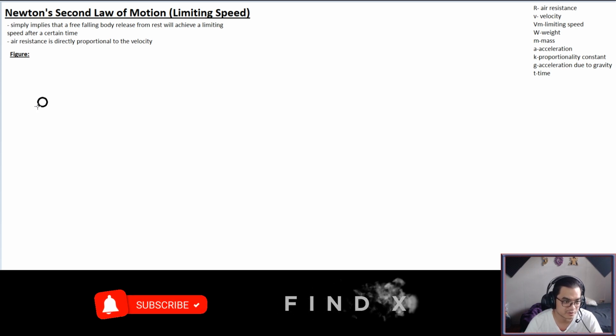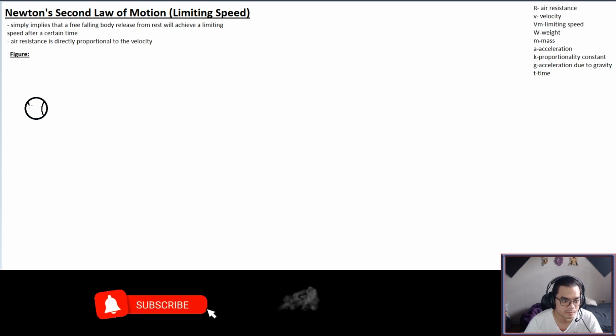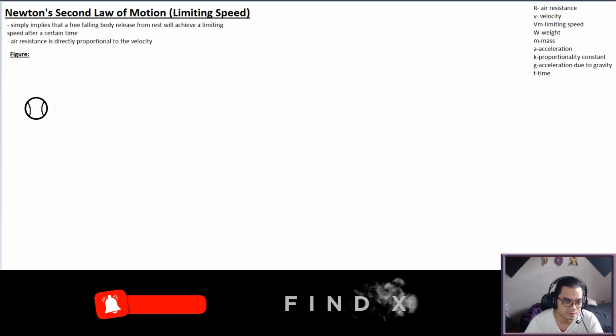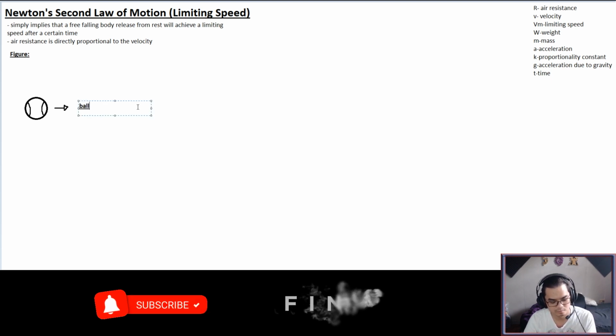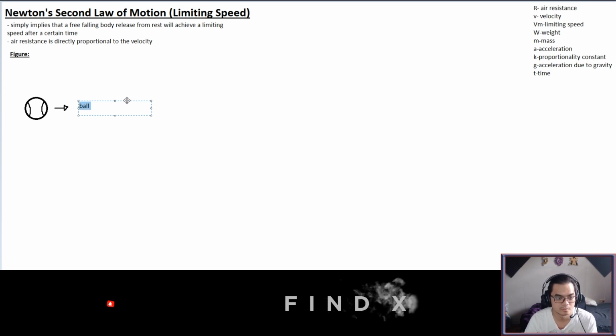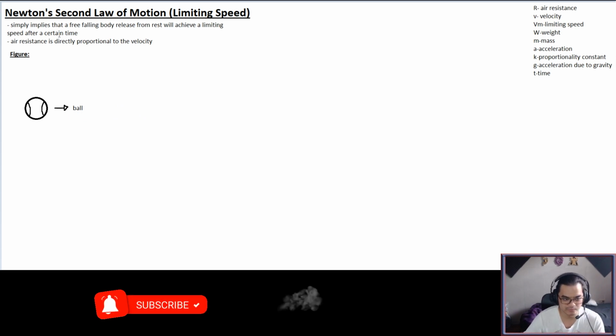The best example, I think, is the ball, a really simple ball. Now, if there's a free falling body, what are the forces involved?